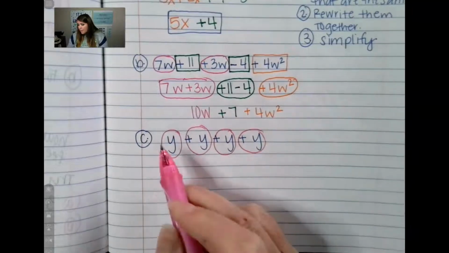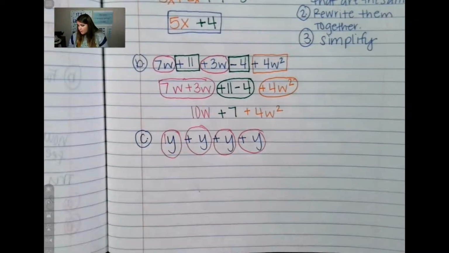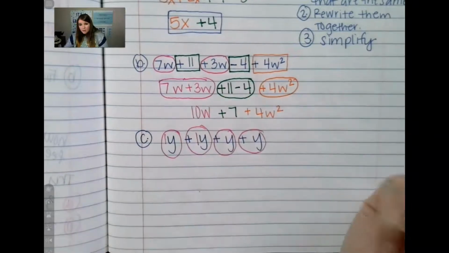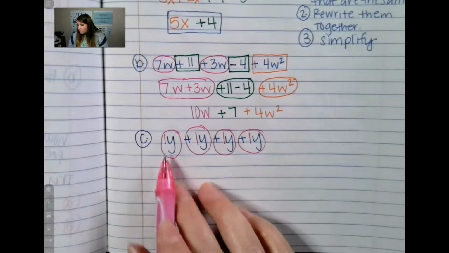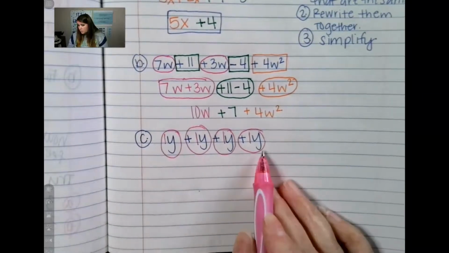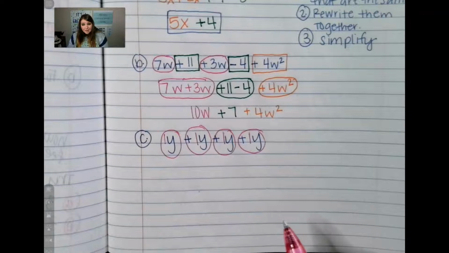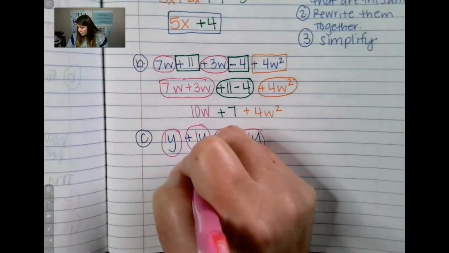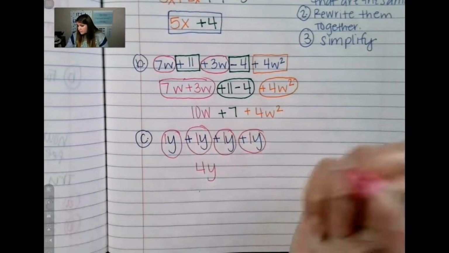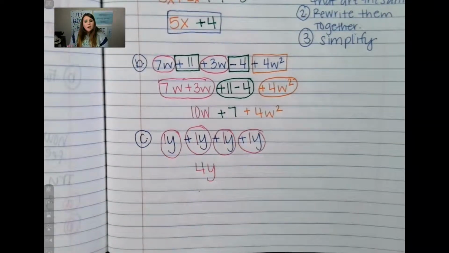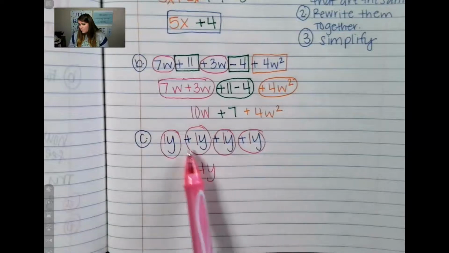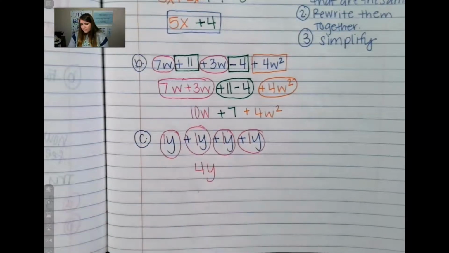So in this problem, I have 1y, another 1y, another 1y, and another 1y, for a total of 1, 2, 3, and 4. So this tells me that I have 4 y's. It's not multiplication, so you're not putting it as an exponent. If this were an exponent, these y's would need to be multiplied.